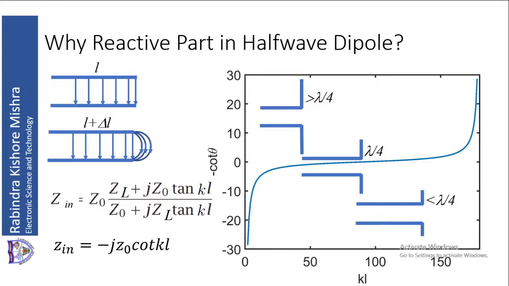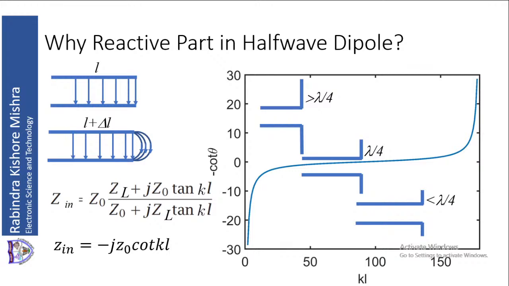So L plus D should be approximately equal to 0.47 lambda. Then we will get an antenna which has a negligible reactive part, almost 0, and a purely resistive input impedance, resonating at the desired frequency.